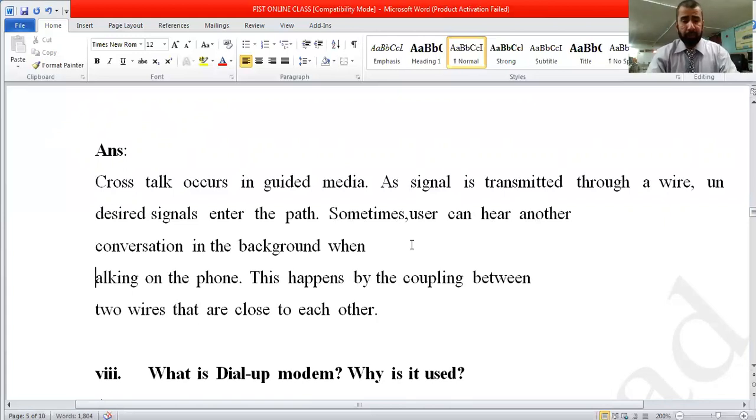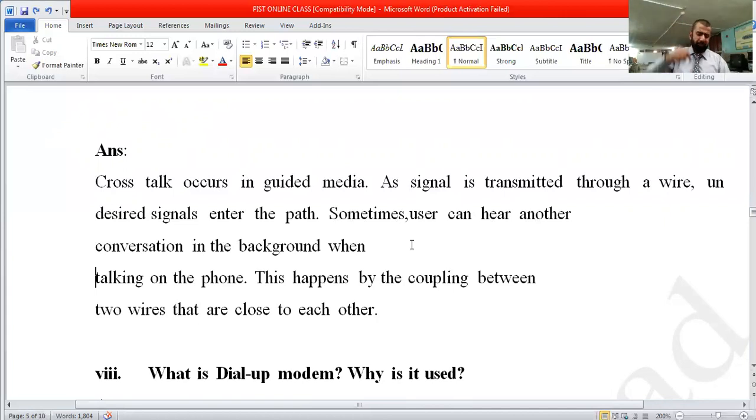In the early days, when there was a phone and no mobile, you were communicating with the telephone system.